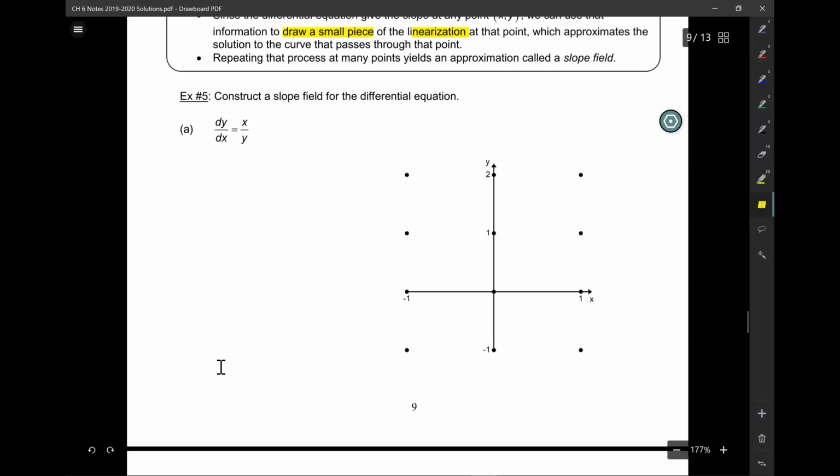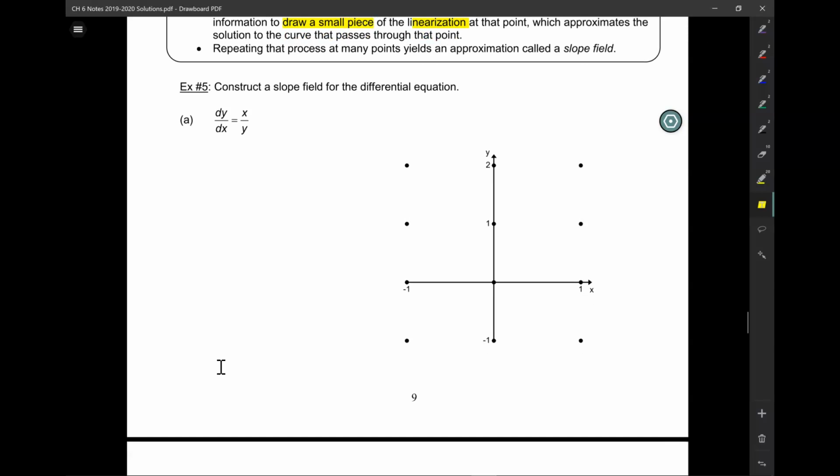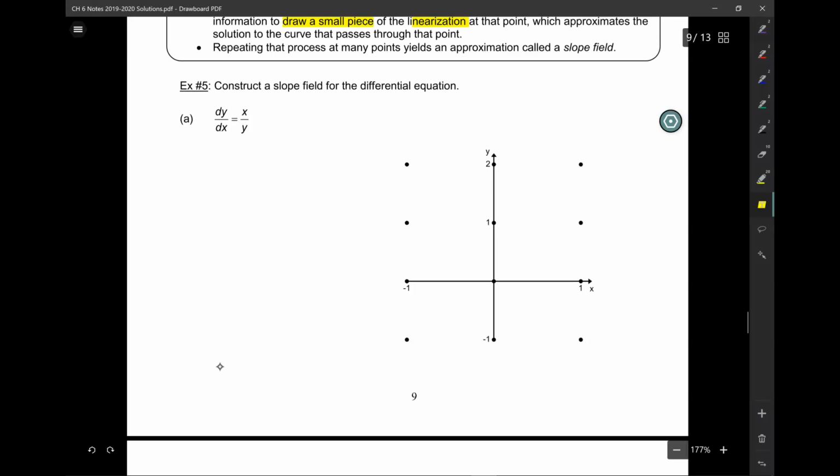So often you will be given a problem that looks like this. I have dy/dx equals x over y. And what I have to do is draw the slopes at each of the points that have been identified here. So let's take the point at the top right corner.